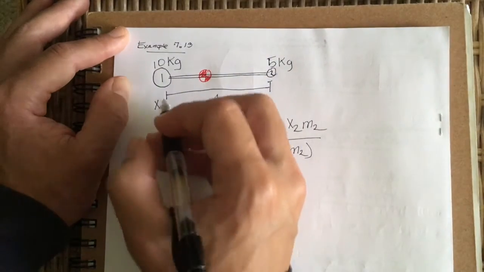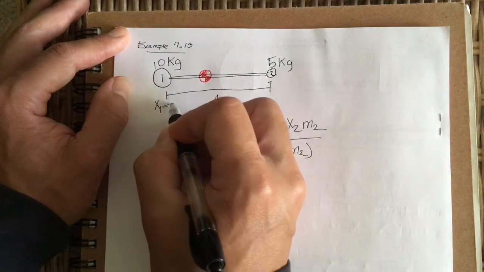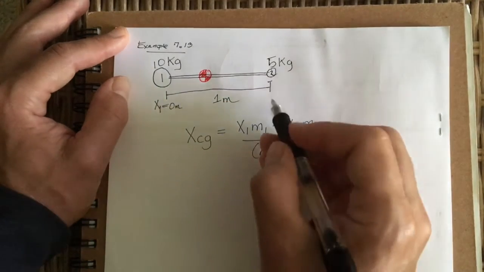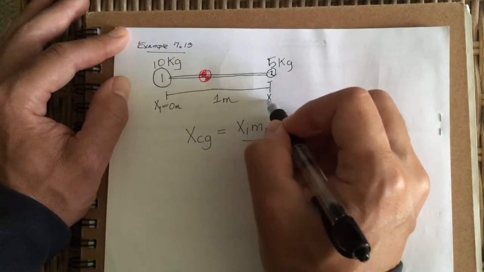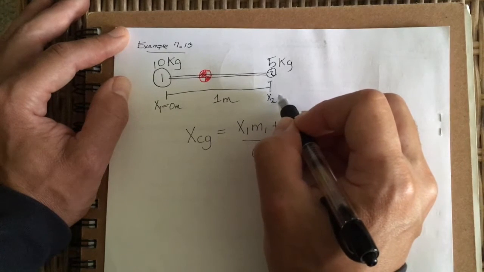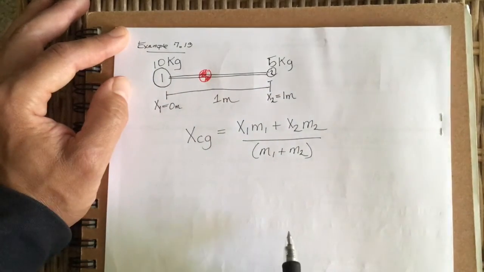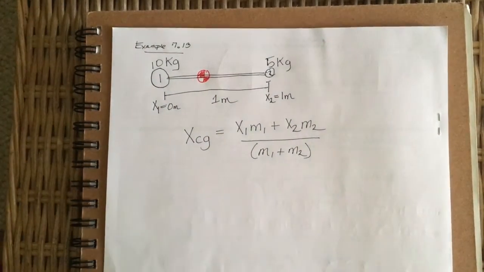That x1 is at position, we can just say it's at position 0. And we can say that x2 is at position 1 meter, right? So that's going to make things really nice by being able to say that.